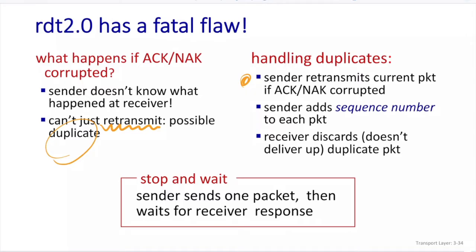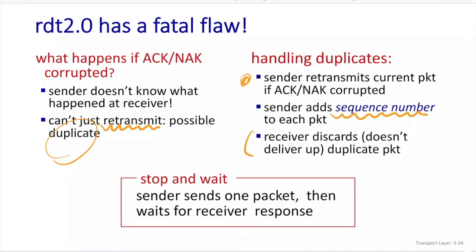The sender needs to add a sequence number to specify whether this packet is a retransmitted packet or the next packet. So the receiver will discard, meaning it will not deliver the message, if a duplicated packet is received at the receiver side.